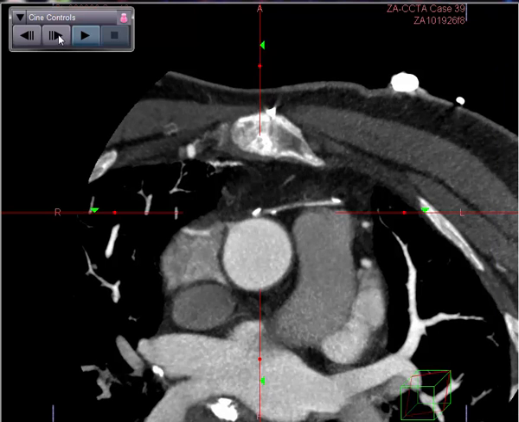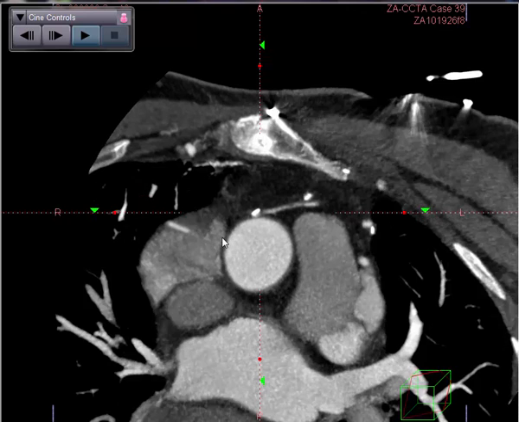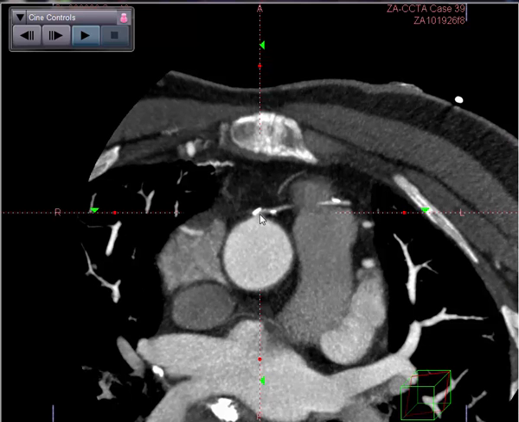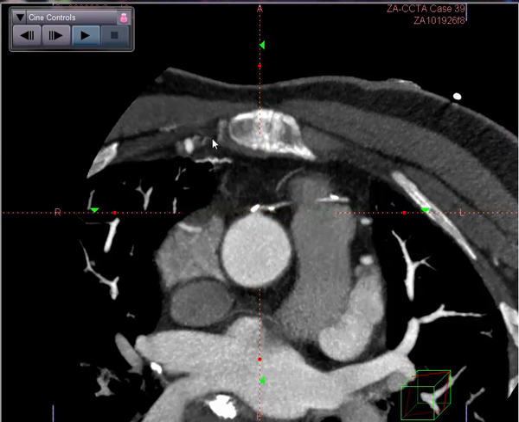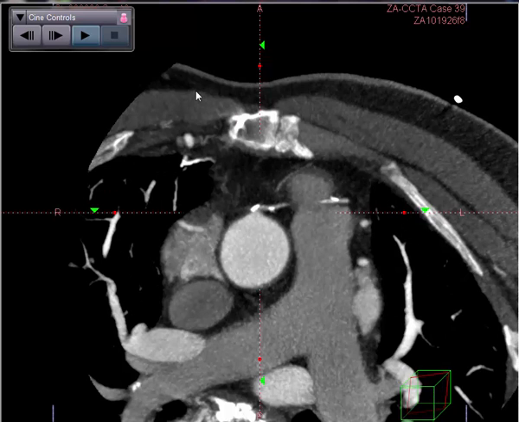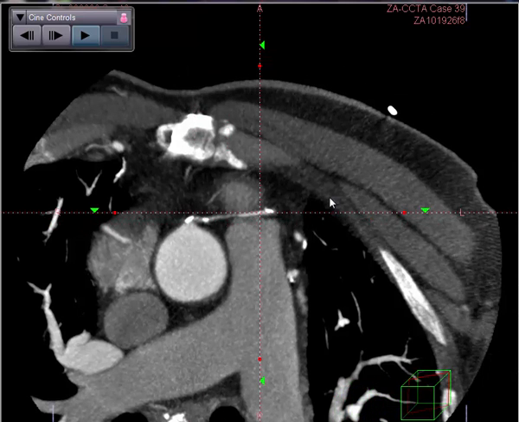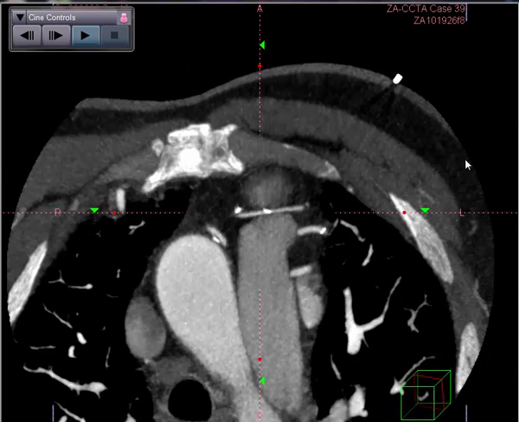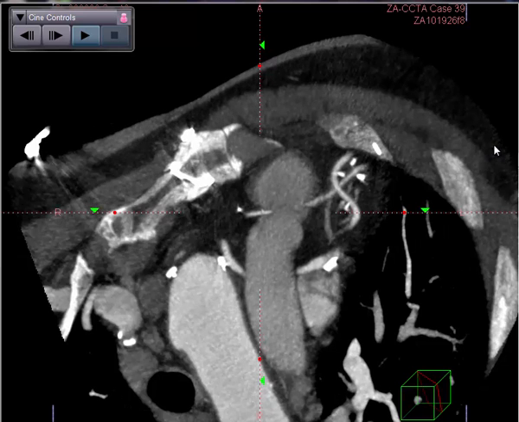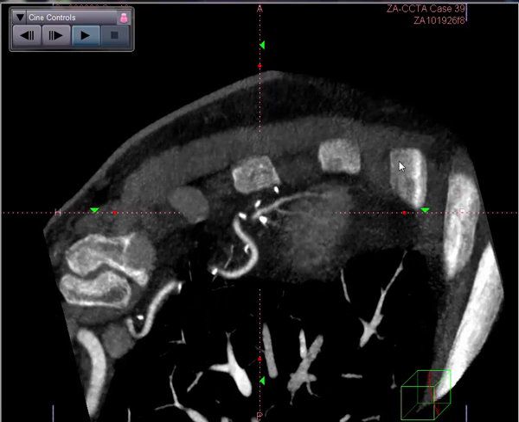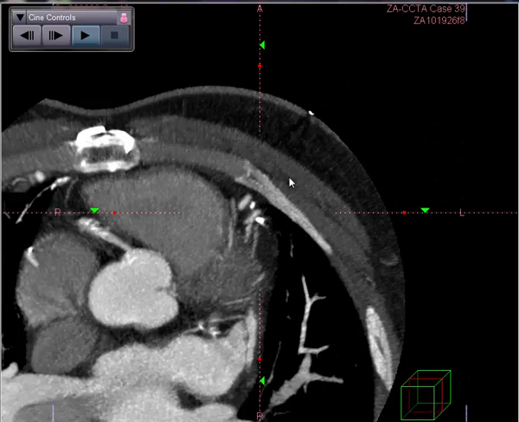But in terms of the anastomosis with the aorta, this is not well seen, so I can't really rule out the possibility that there's a focal stenosis, at least at the origin of this bypass graft from the aorta. The remainder of the graft, we can follow it down, and it appears to be patent. There is some motion artifacts, but this is going into the region of the D2, second diagonal, with reasonably good flow distally.